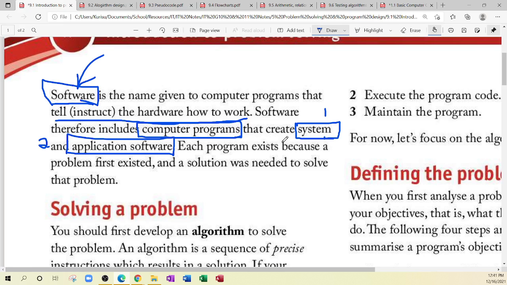Anybody remember what is a system software? So you're talking about the operating system? Right.